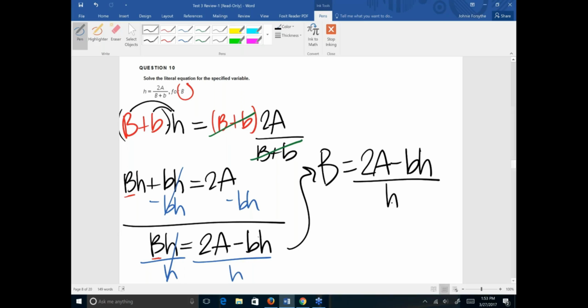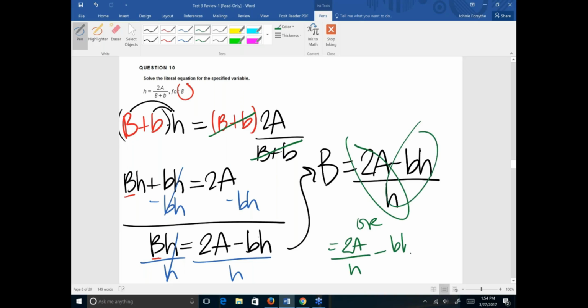And that is my final answer. You don't have to split this up. You could if you wanted to. It's not required, but you could do 2a over h minus bh over h, and then you could see those h's cancel and say that's 2a over h minus b.